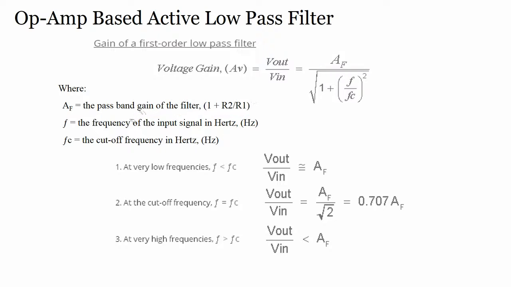Now, second, F is the frequency of the input signal in hertz. Alright. Third, Fc is the cutoff frequency, again in hertz. So, F is the input signal frequency in hertz, Fc is the cutoff frequency in hertz.